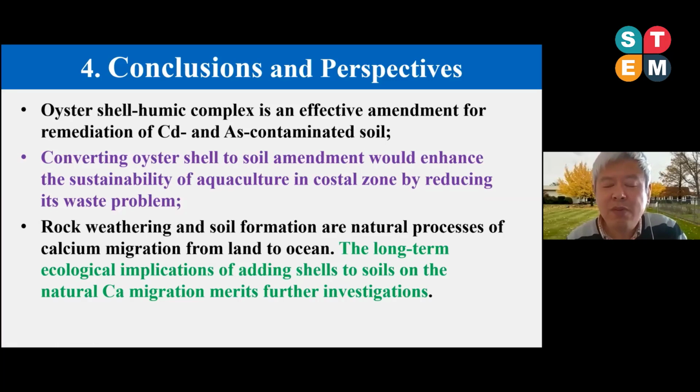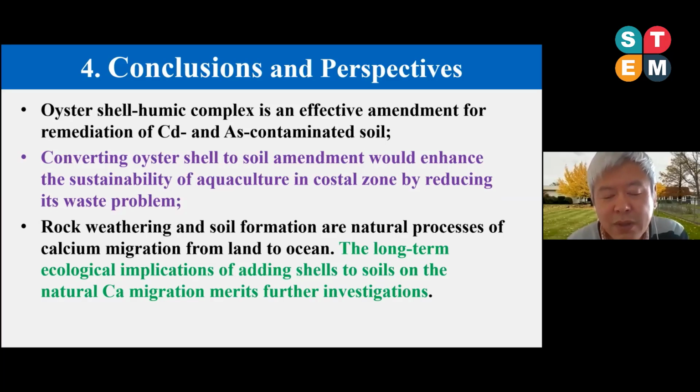In the natural environment, particularly in tropical and subtropical areas, because of much rainfall and high temperature, rock weathering is faster, and the cation leaching from the rock and soil is severe, so that naturally the soil in tropical regions is poor in fertility and acidic, because the calcium is lost.